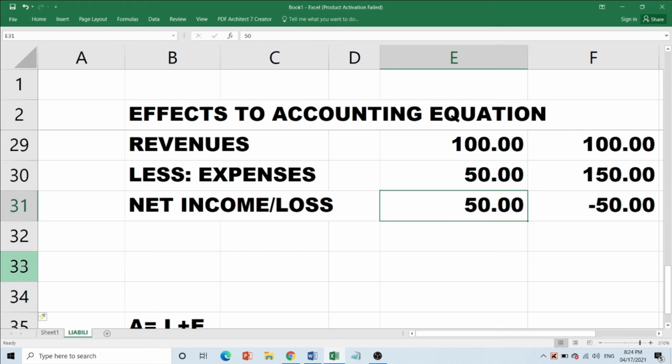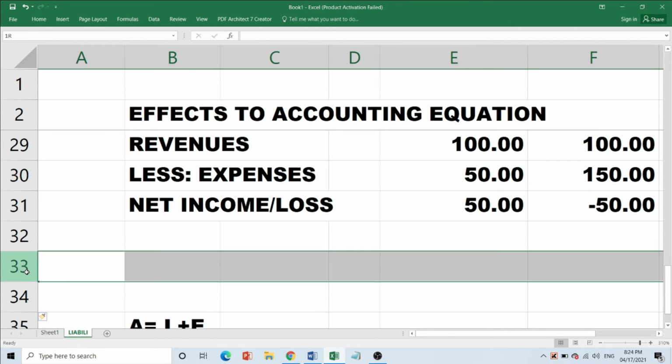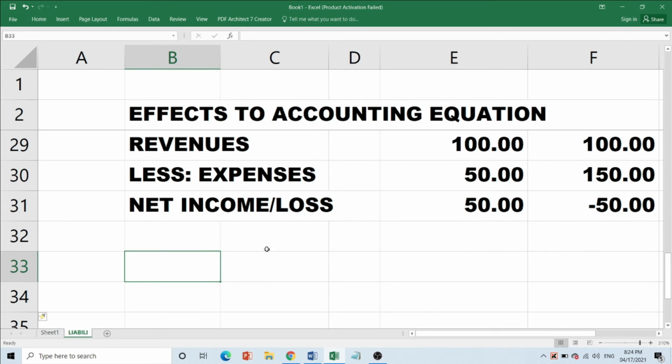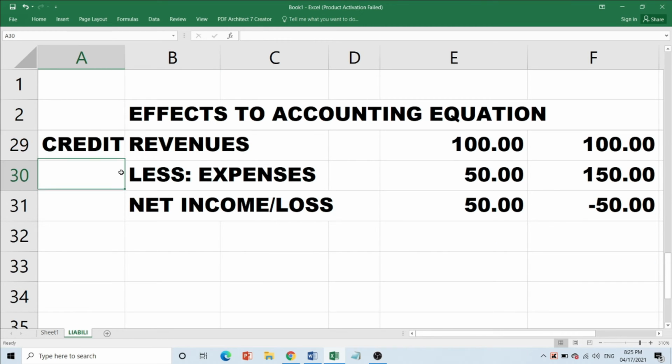Okay, so how do we do that? So at the end of the year, usually, gumagawa tayo ng closing entries. Okay, ipiprempt ko ang closing entries. So yung closing entries natin dyan, since revenues is an income, mayroon siyang credit balance. Si expenses, mayroon siyang normal debit balance. Okay? Debit lang talaga si expenses.